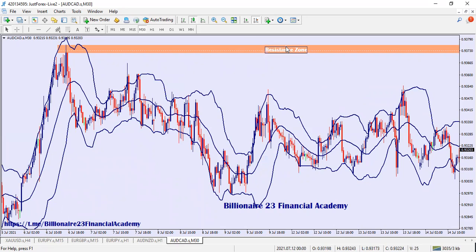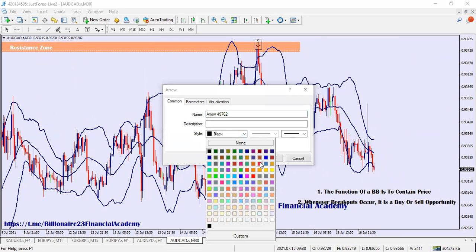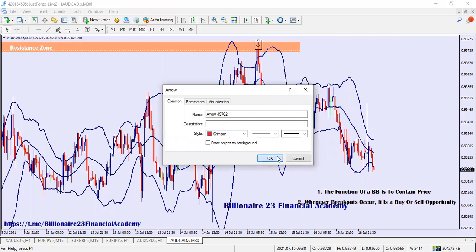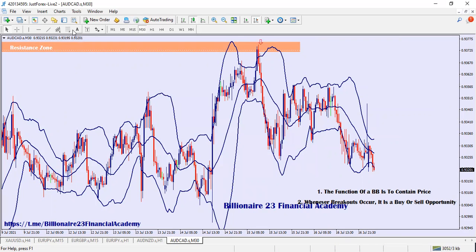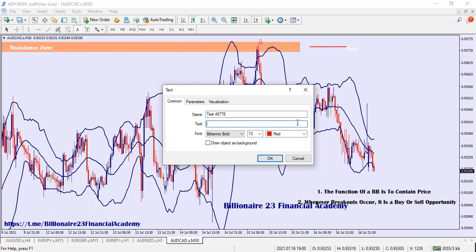We had a resistance zone that price later came back to retest in the form of resistance and in the form of a breakout of the Bollinger Band. This area here was retested as resistance and as a breakout of the Bollinger Band.